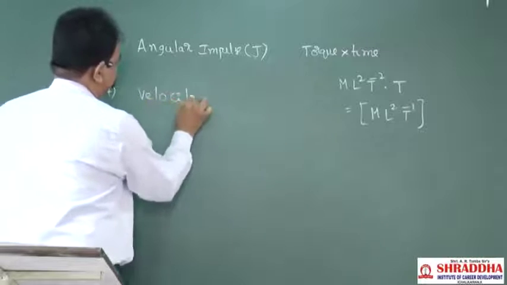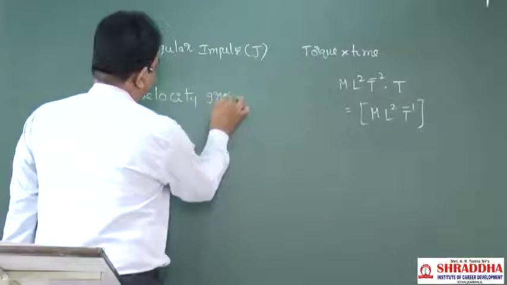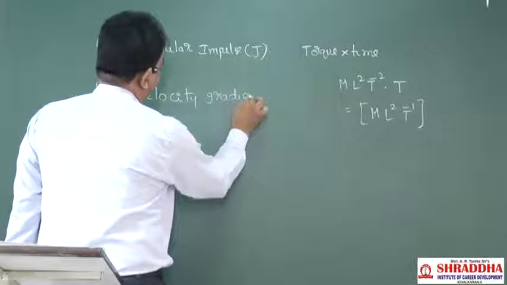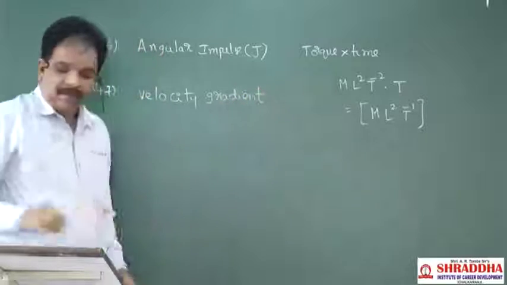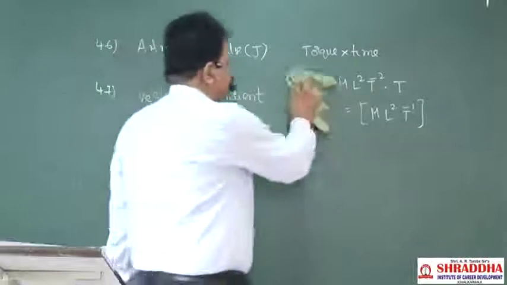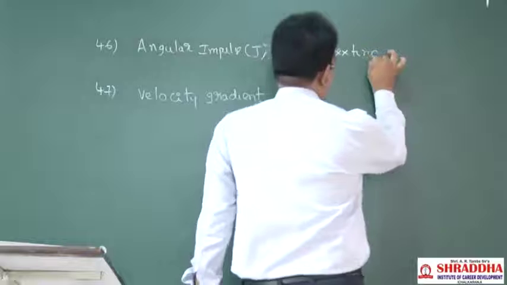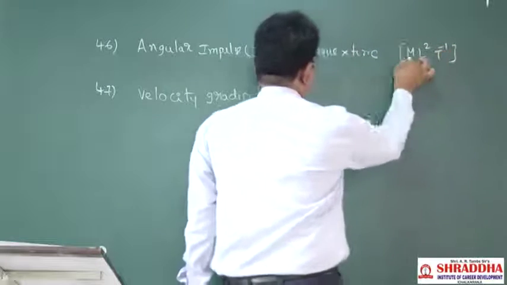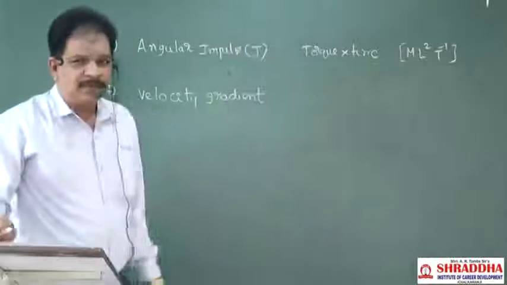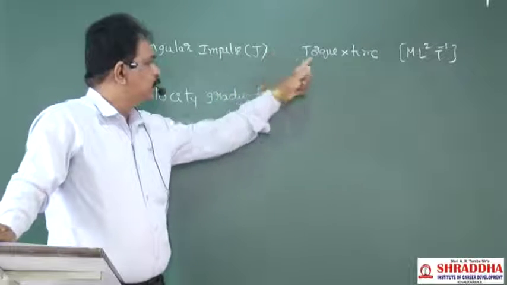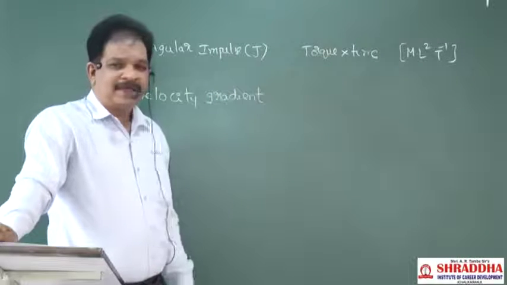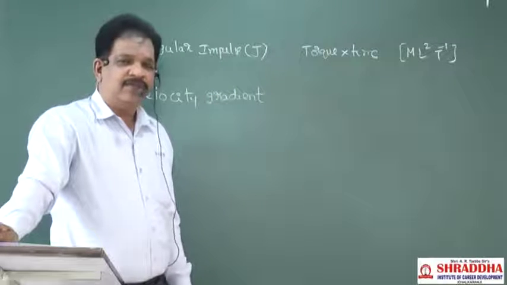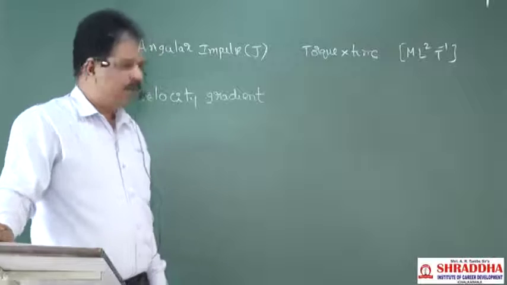Velocity gradient. What is its dimensional formula? So, angular momentum, angular impulse, Planck's constant, all will have the same dimensional formula, ML square T power minus 1.